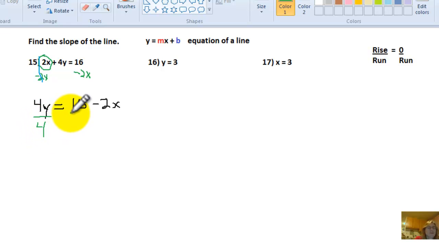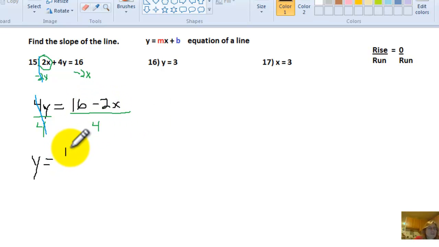And that seems a little weird over here, but you'll see how that works. With this type of situation, what you're really doing is 16 divided by 4 minus 2x over 4, so let's write it a little differently. 4 over 4 is 1, so that leaves this as y. It's going to start finally looking a little more like what we want. We can take this denominator and put it under each of these terms.